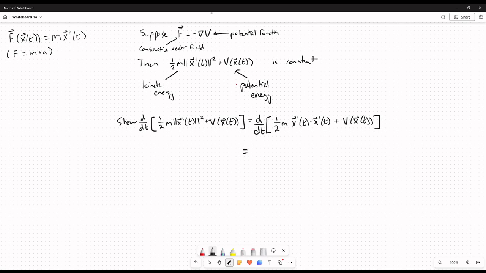Now I have a couple terms. In this first one, I'm going to use the dot product formula for taking derivatives. This 1/2 m is just a constant. I'm going to have 1/2 m times the derivative of the first, that's going to be acceleration, times the original of the second, dotted with the original of the second, plus the original of the first, dotted with the derivative of the second.